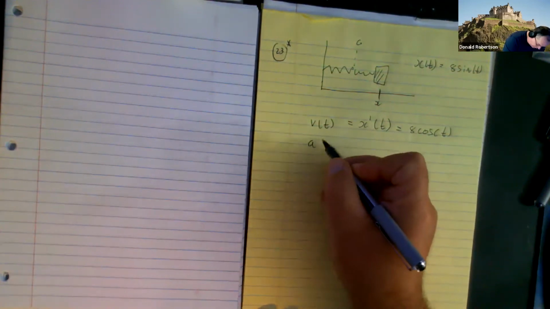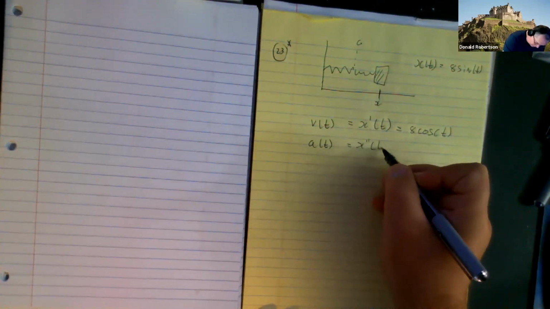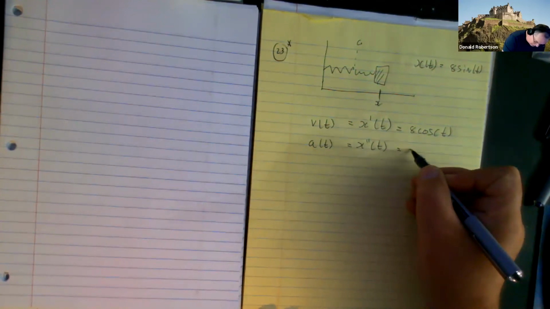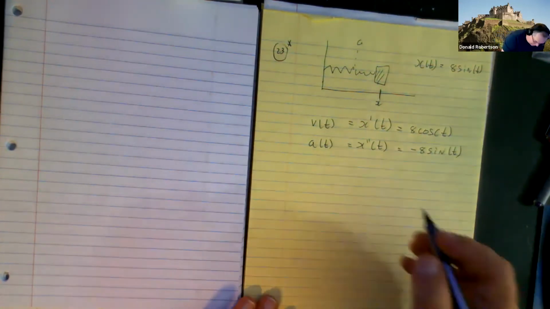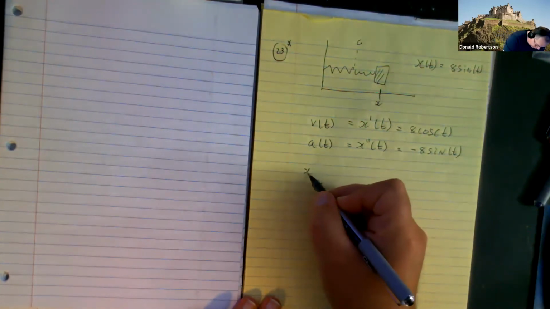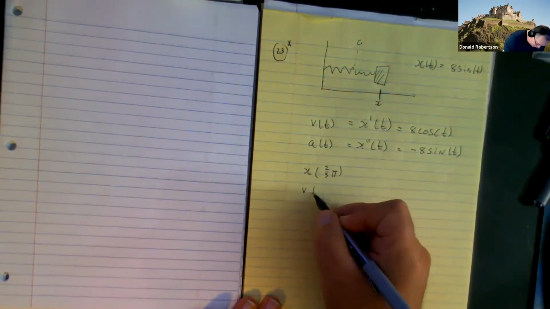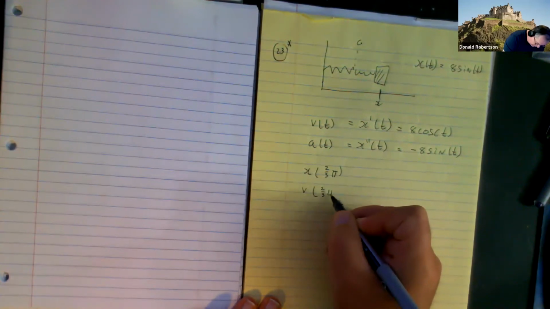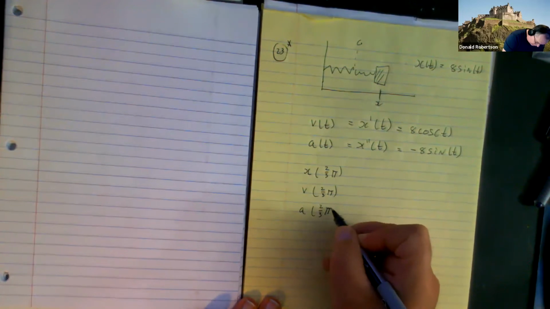If you want the acceleration, then it's the second derivative, which means you differentiate that guy, and you get -8 sine t. Now, you find the position, in this case, at 2/3 pi, and then the velocity at 2/3 pi, and lastly, the acceleration at that same time.